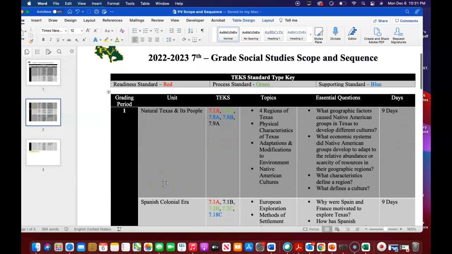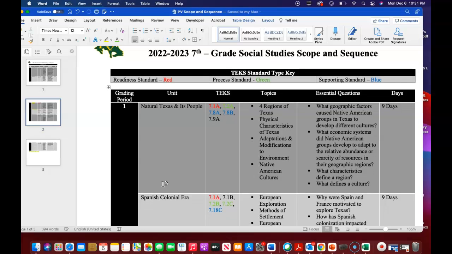So in our first grading period for next school year, our first unit will be Natural Texas and its People. In this unit, you have one readiness standard, one process standard, and two supporting standards that you will be teaching.